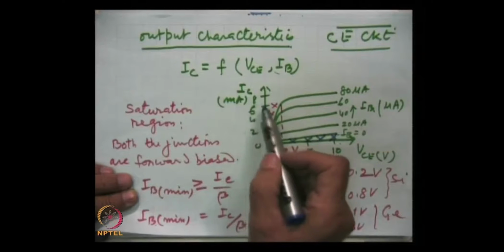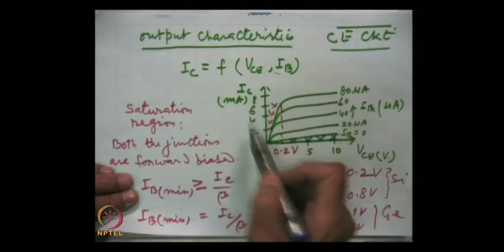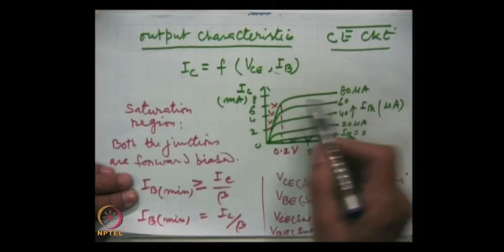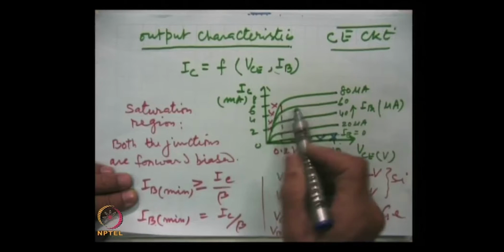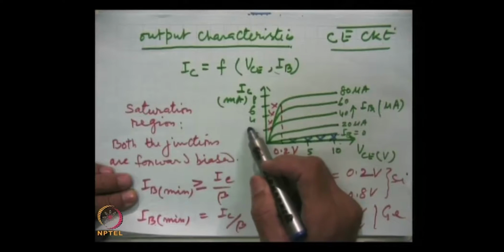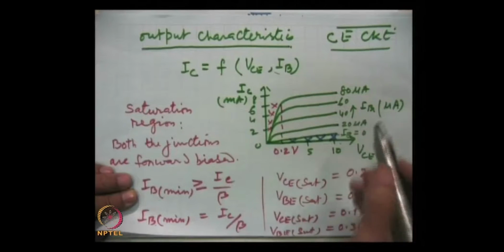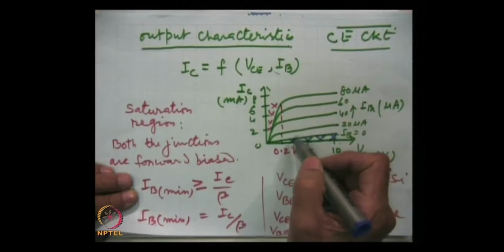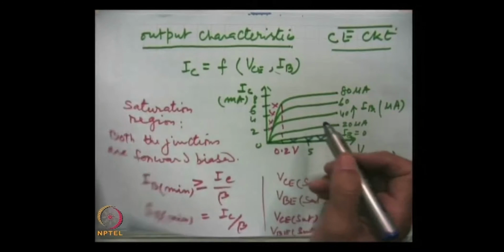And here we are seeing that this magnitude is in milliamperes, while this is in microamperes. So, this is definitely an amplified output, and in fact, we can find out several useful parameters from here.